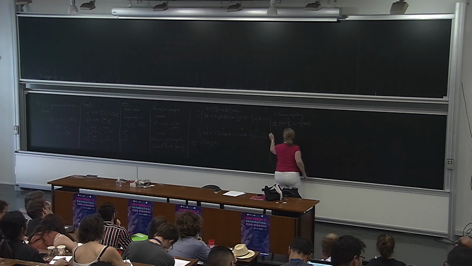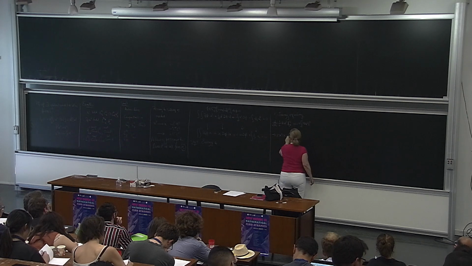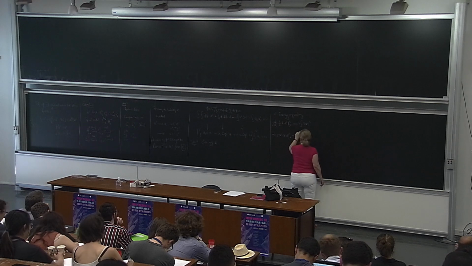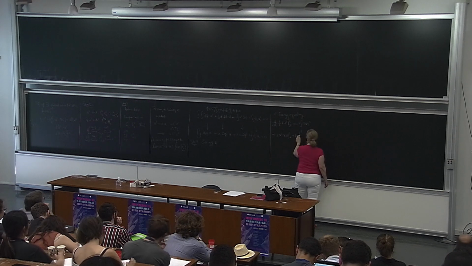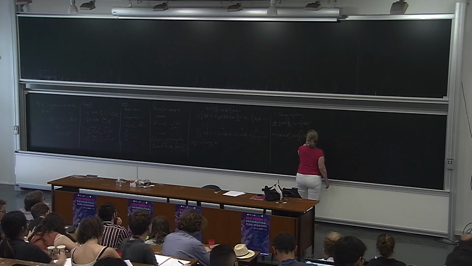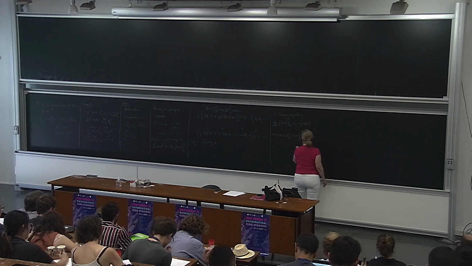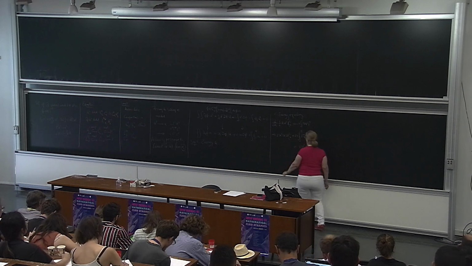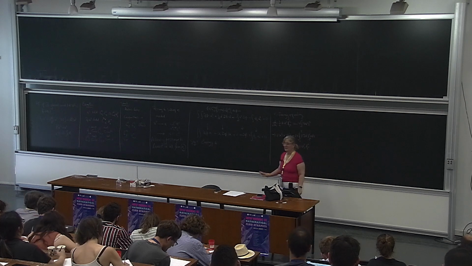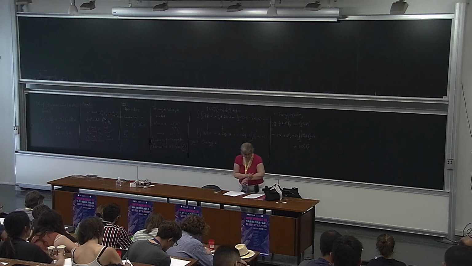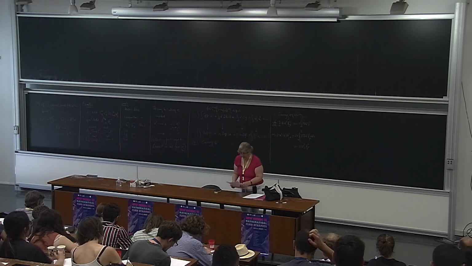So this gives me u epsilon at time t, L2 squared, plus 2 nu times the integral from 0 to t of the gradient squared, equals u epsilon naught L2 squared. So that's the starting point for the energy inequality.